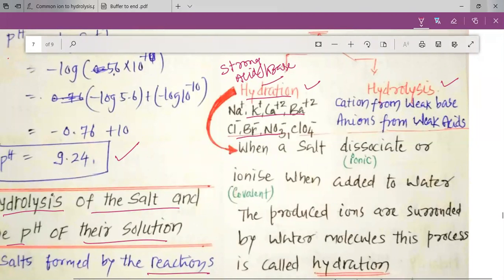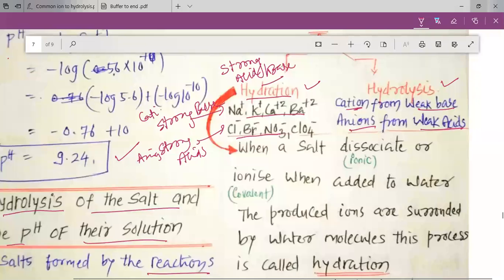But the cation from the weak base and the anion from the weak acid behave differently. Here, these are the cations from the strong base, and these are the anions from the strong acid.